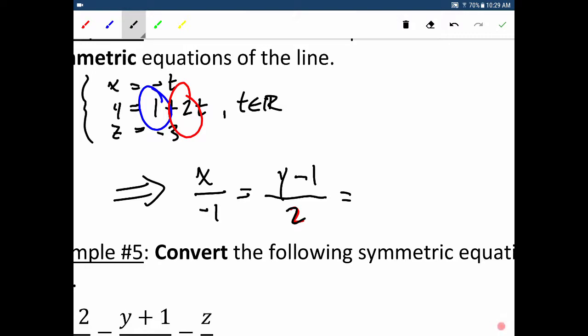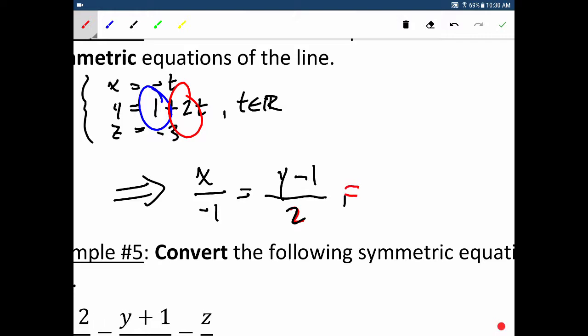And then finally, this one's kind of a funny one, because we would have z plus 3 over 0, but of course you can't have z plus 3 over 0, so that's not allowed. So I'm going to write this in red.